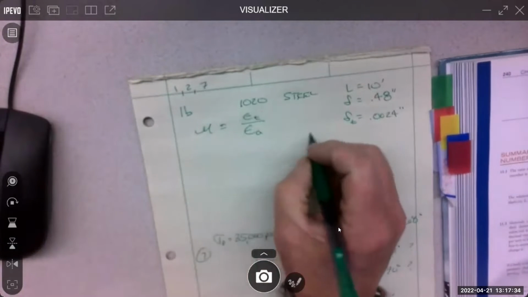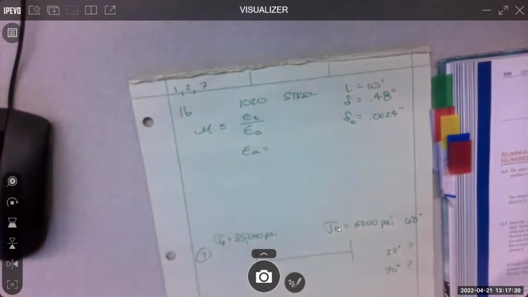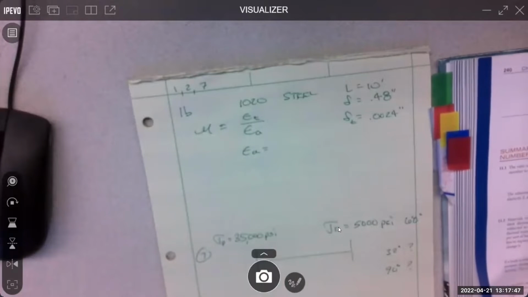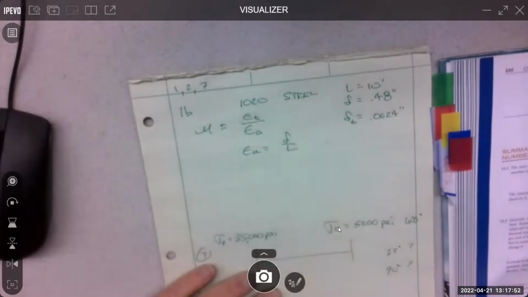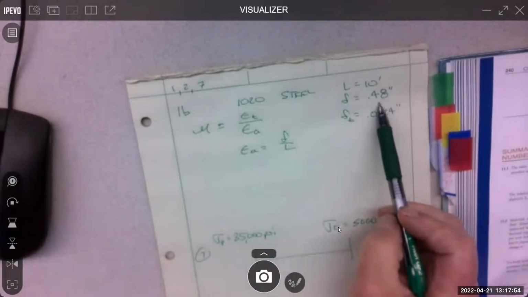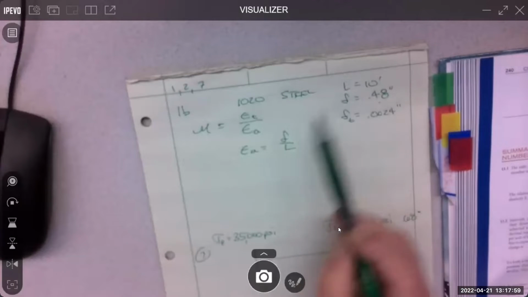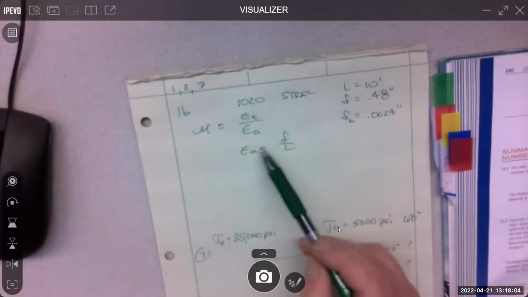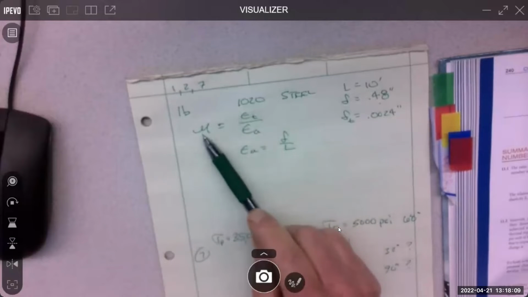If we remember what axial strain is, again, it's right there on the previous page. Strain is equal to delta over L. Oh, I guess it's the previous chapter. In this case, we were given the axial elongation and the original length. So we can find this. Then when we have this, we can plug it in here and go after Poisson's ratio.